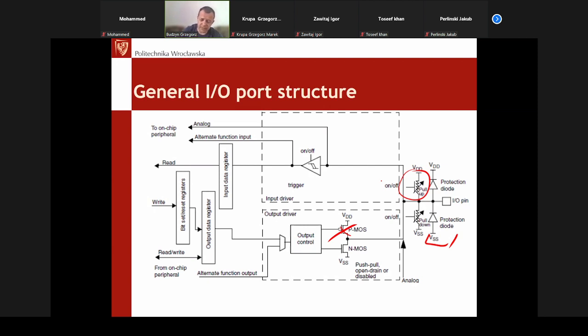Additionally, we may have some analog functionality of the port. It really depends on the microcontroller. Some microcontrollers have universal ports, like here on the slide, with mixed digital and analog signals. But there are some microcontrollers with dedicated analog inputs, so the pins that, if not used for analog purposes, are useless for anything else.